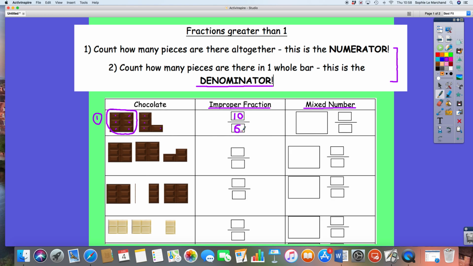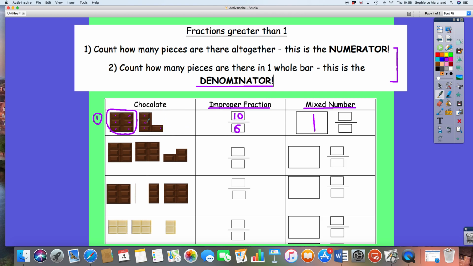But I want to show this as a mixed number fraction. So we need to look back at the image again and decide how many whole bars there are. So we know that this is one whole bar, and there's actually only one of them in this image. So we know that we've got one whole, and then what have we got left over?